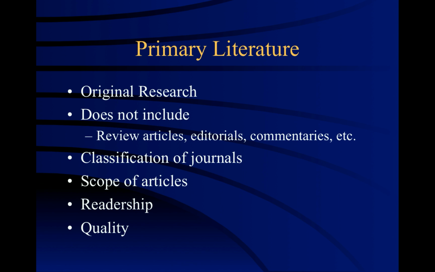So again, just to remind you, primary literature is original research. It is the most up-to-date resource of drug information and consists of journal articles reporting original research and new ideas. It does not include review articles or editorials.